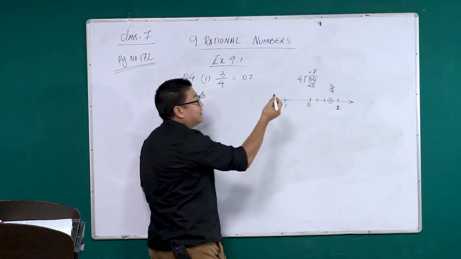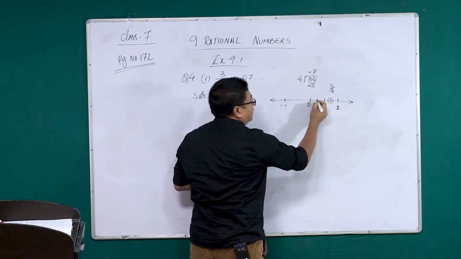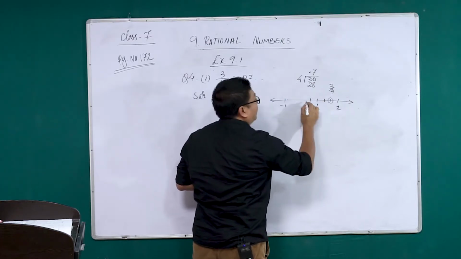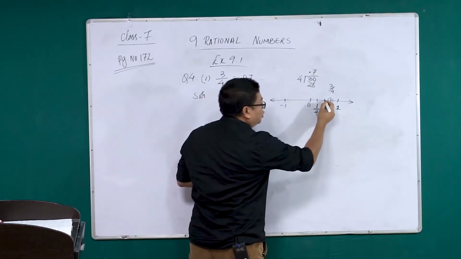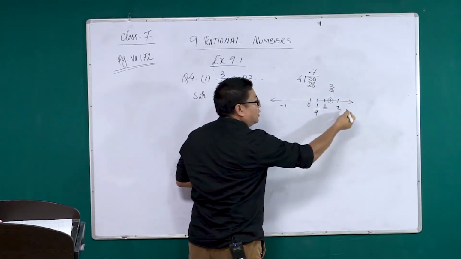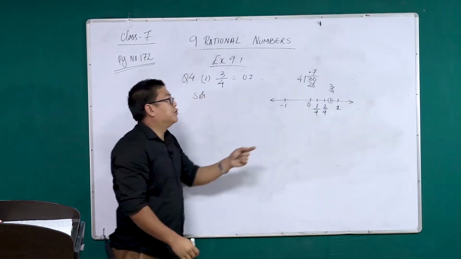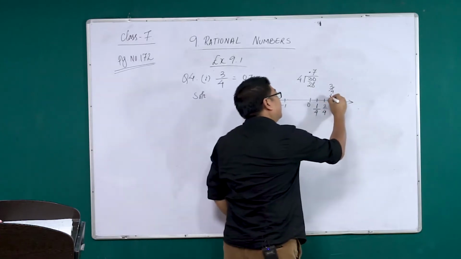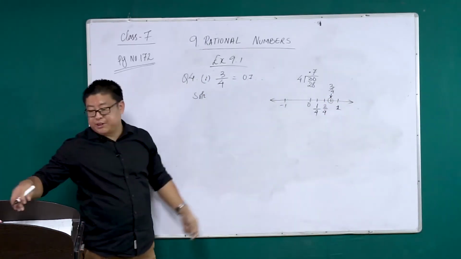Now if you don't understand this, the next number after 0 will be 1. This is 1, so 1 by total number is 4. The next is 2. 2 by total parts are 4. Similarly, next is 3 by 4. So your 3 by 4 will be over here. You can do it in this manner for all the questions given here.